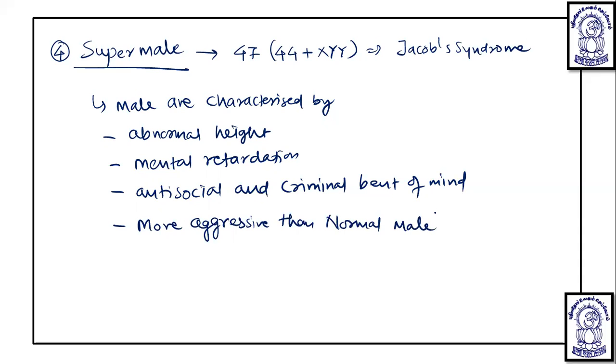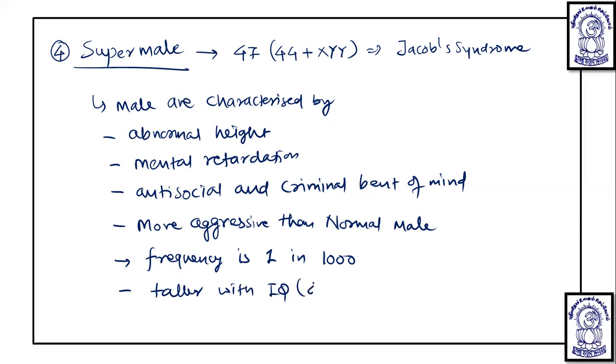Okay, and its frequency is 1 in 1,000, and such males are taller with IQ 80 to 120, and they are normal in sexual function, fertility, and genitalia. Okay, so this is what is seen in the supermale condition.